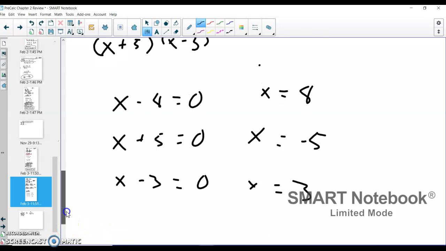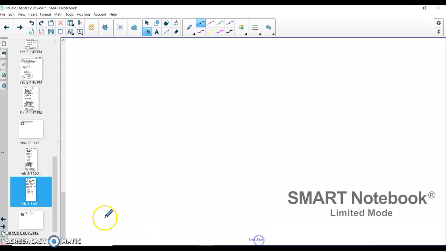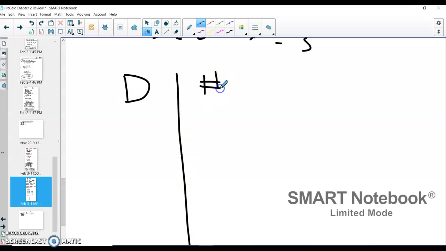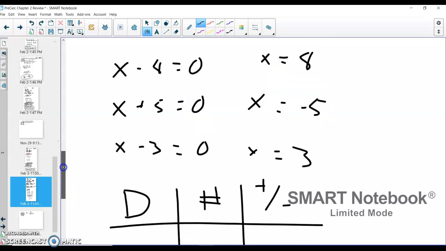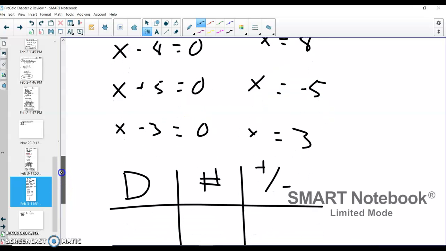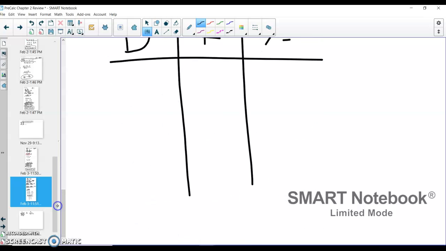I can set up my test intervals and set up my table. So I got domain, test number, plus or minus. Well, my first test interval is going to be from negative infinity to negative 5, because that's the lowest x I have.